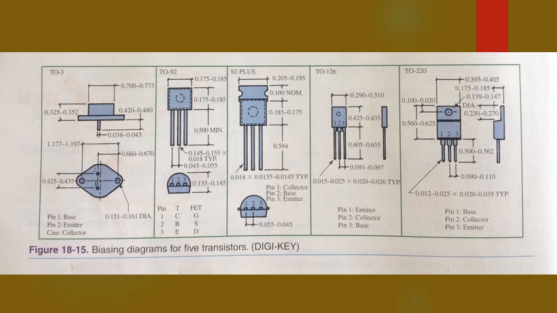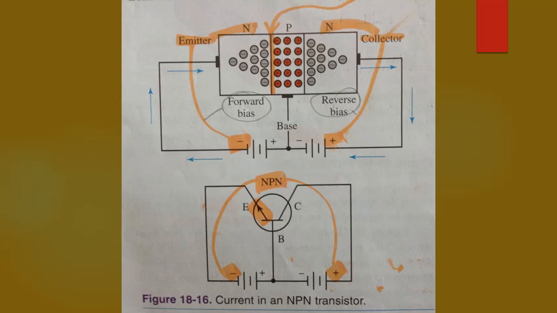The theory of NPN transistor operation is shown in figure 18-16. 2 batteries are used to simplify the operation theory. Most applications require 1 voltage source. The negative terminal of the battery is connected to the N emitter.